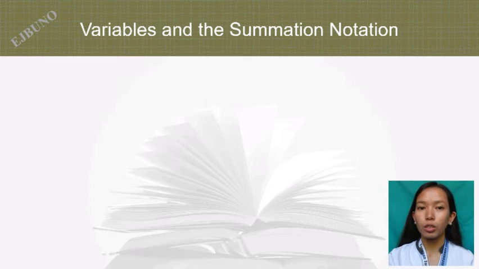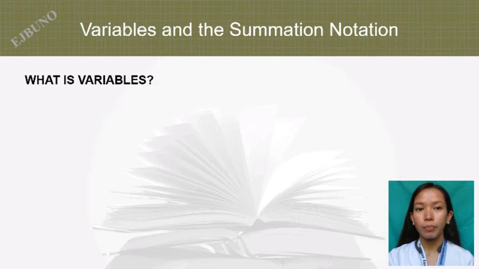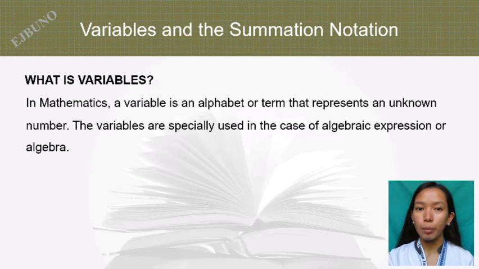We all know that most mathematical equations contain variables. But what are variables? In mathematics, a variable is an alphabet or term that represents an unknown number. Variables are especially used in algebraic expressions or algebra.